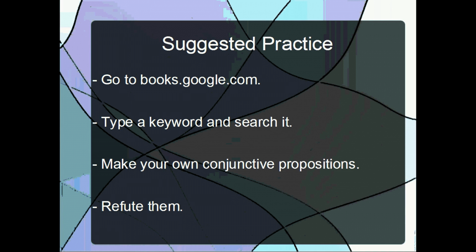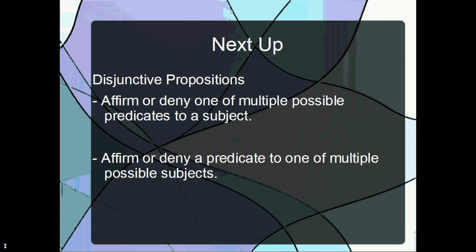You're going to type in and or but. And then after you search that, you'll get a bunch of example sentences that will give you an idea of conjunctive propositions you can formulate. After you've formulated them, come up with 3 ways that you can refute them. That'll give you some extra practice.